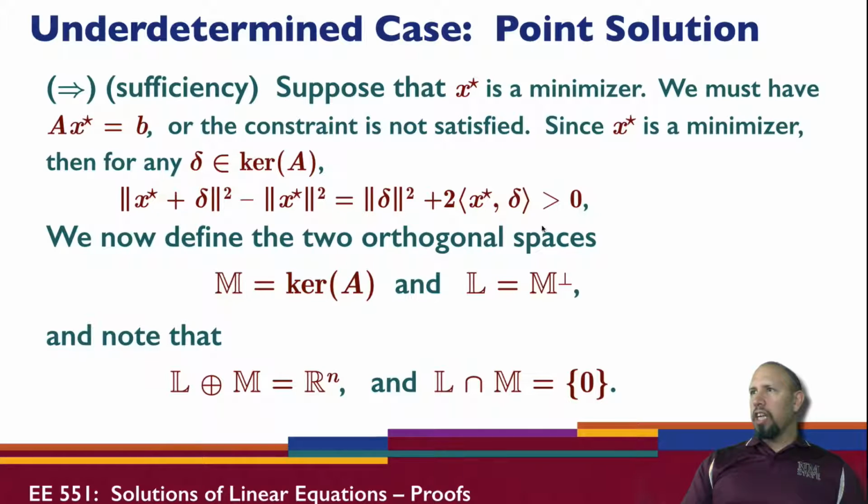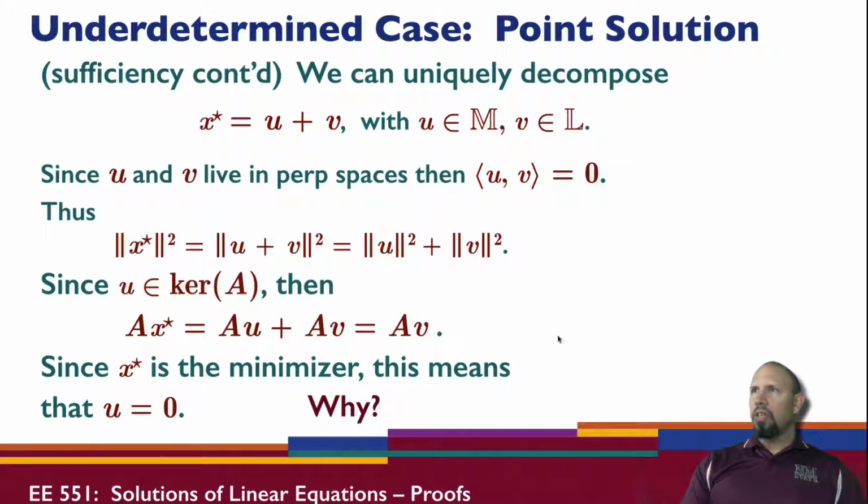So now what's going on here? We're going to define two orthogonal subspaces. M is the kernel of A, the null space, and L is its orthogonal complement. The direct sum of the orthogonal complement with the space is all of Rn, and the intersection is 0. So we can uniquely decompose x star into two vectors, one that's in the subspace and one that's in its orthogonal complement.